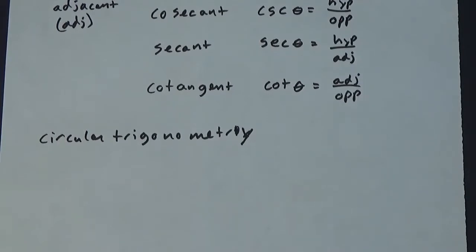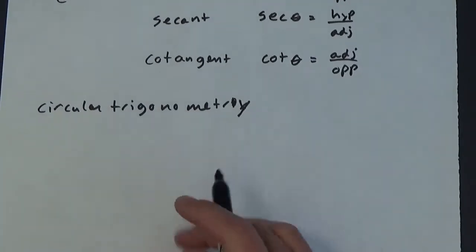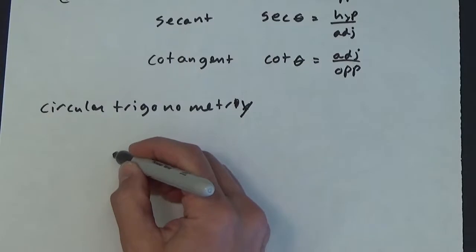And that works for a lot of great applications, and we saw a lot of those when we worked with right triangle trigonometry. But there are a lot of applications where we want to work on this concept called circular trigonometry. And so we'll spend a good amount of time and a good number of videos developing this concept of circular trigonometry. But here's the basics of how we start this process.